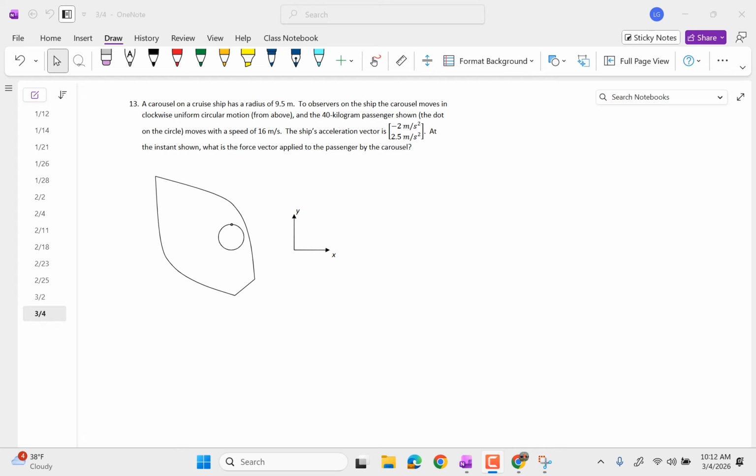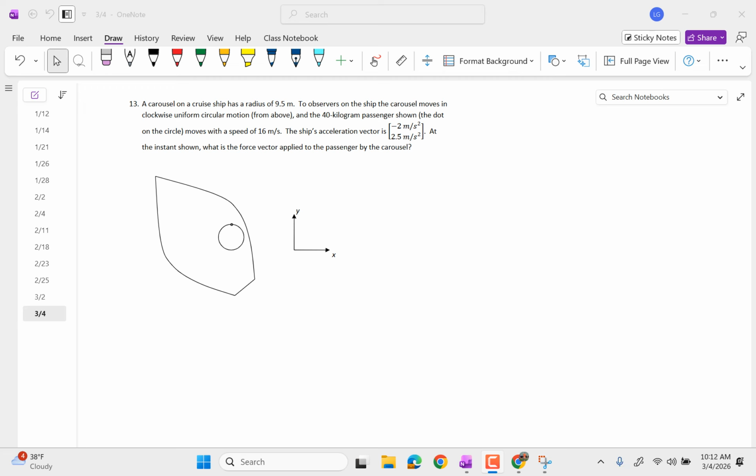Okay, so there's a cruise ship, and there's a carousel on it with a radius of 9.5 meters. Observers on the ship see the carousel move in a way that's described. The passenger is at the dot.